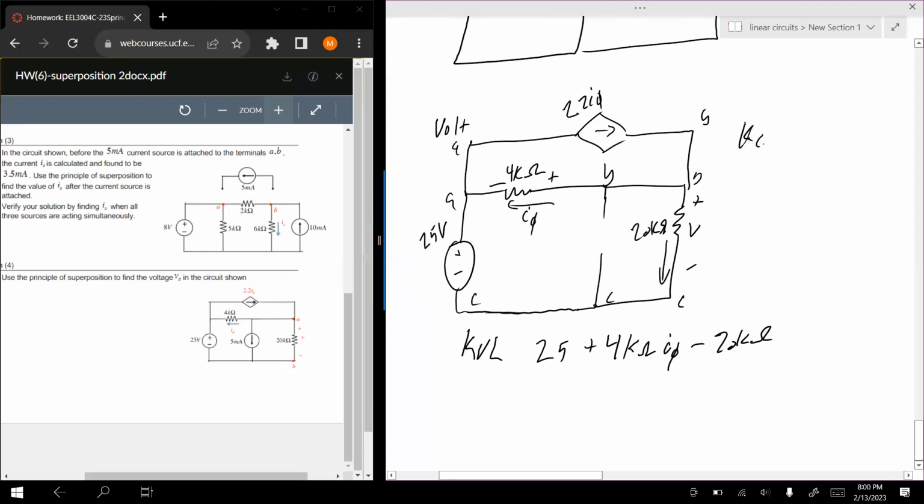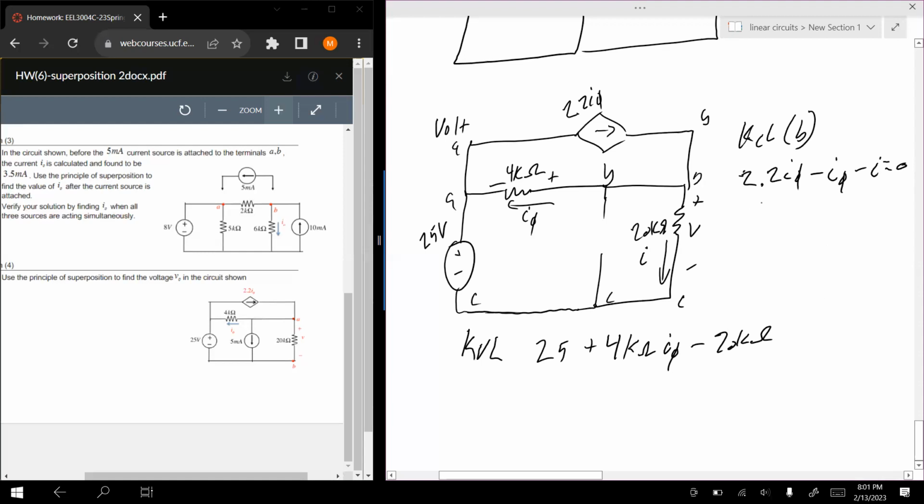Let's KCL node B. Sorry, I should have seen this before I did the KVL actually. So KCL of B has 2.2 I phi going into it. And then we have minus I phi coming out. And then I'm going to say minus I. Let's call this I right here. Let's set that equal to 0.